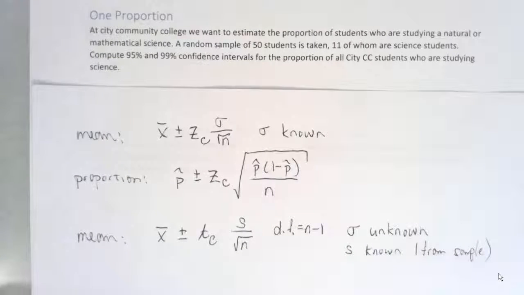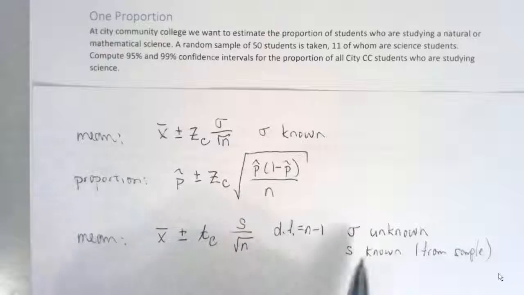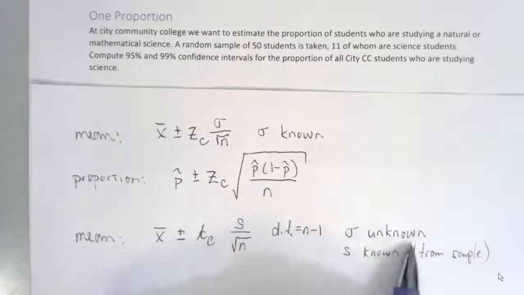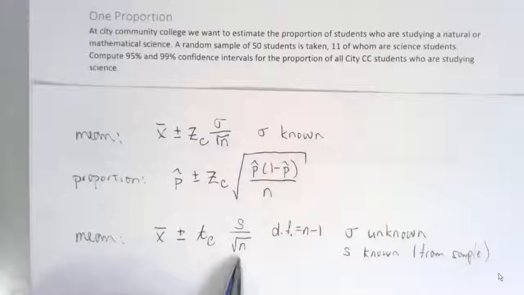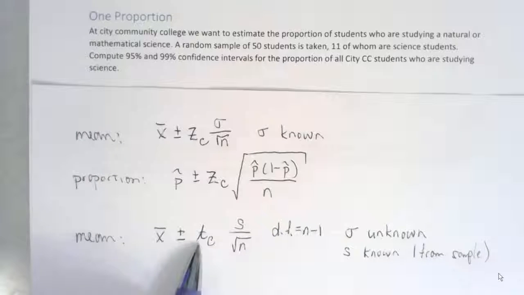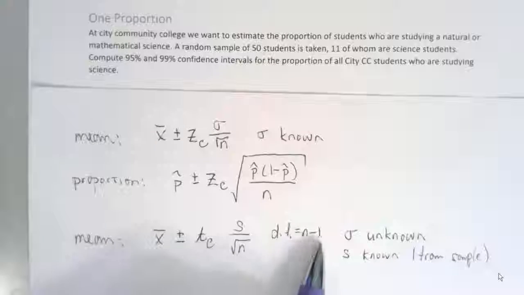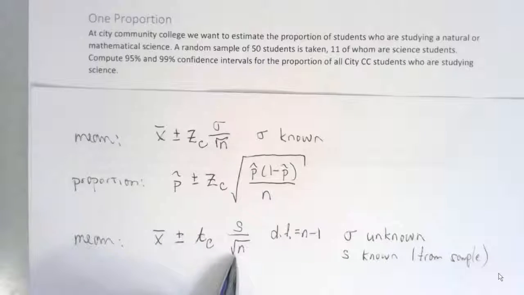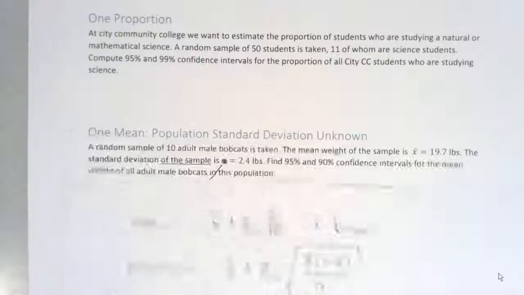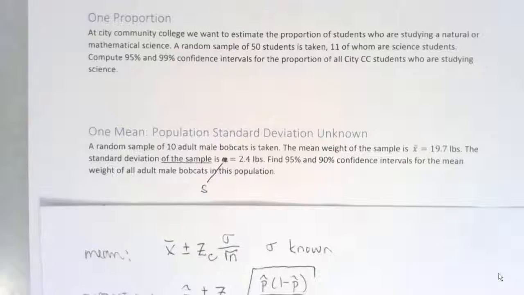If you are trying to estimate the mean from a sample and you do not know the standard deviation of the population, then you use this formula here. It uses a t critical value, and you need to know that the degrees of freedom are n minus 1, just one less than the sample size. And that's what we did in the third of these problems.